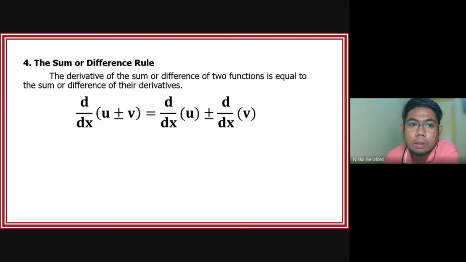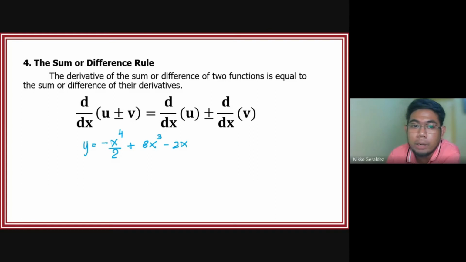Next, sum rule, sum or difference rule. The derivative of the sum or difference of two functions is equal to the sum or difference of their derivatives. So just take the derivative of each term. For example, y is equal to negative x raised to 4 over 2 plus 3x cubed minus 2x.